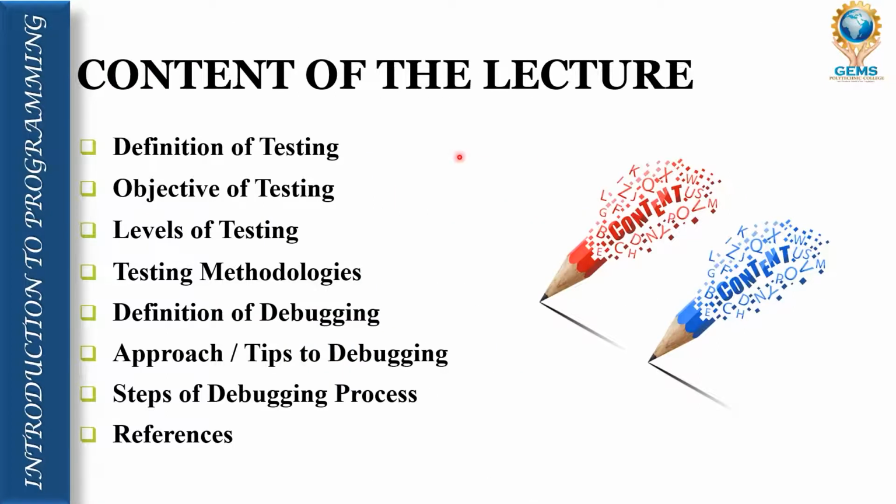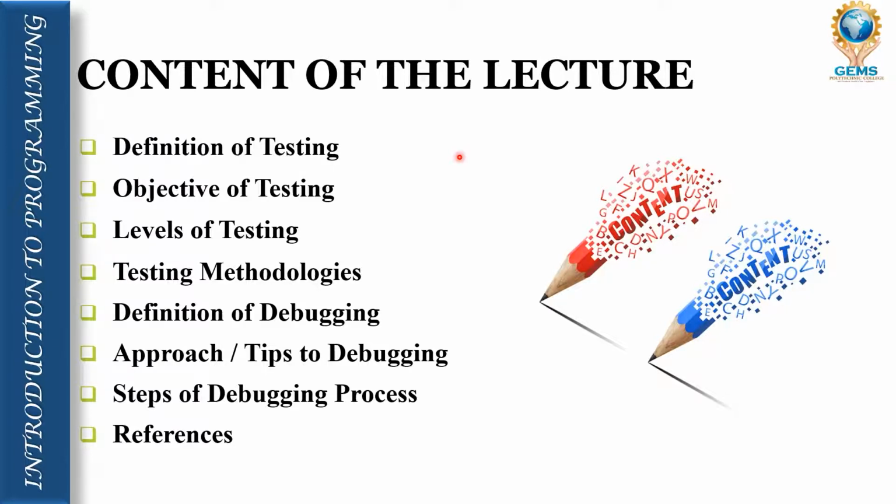This is the content of our lecture. Today we are going to see these concepts. First, we are going to see the definition of testing. Then we will see objectives and levels of testing. What are the testing methodologies we are going to use? That also we are going to see today in this lecture.